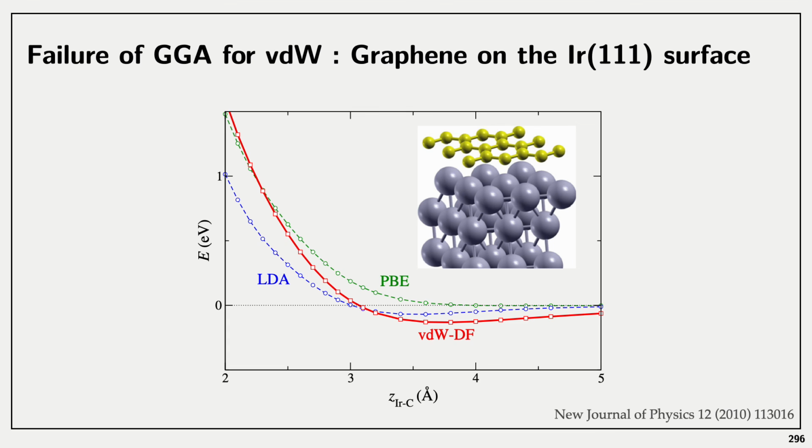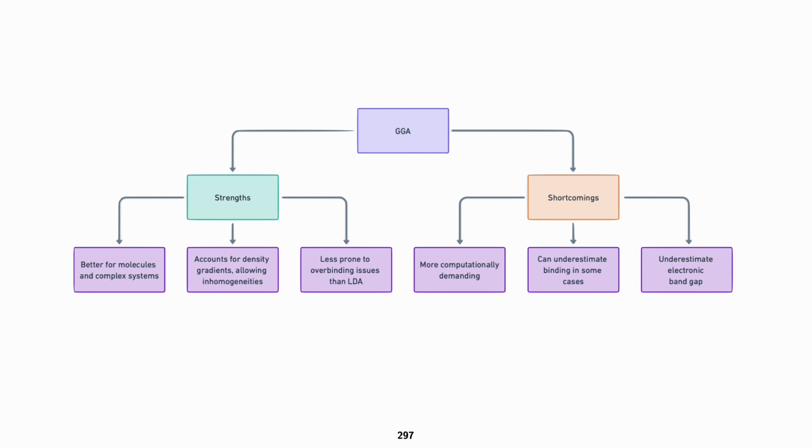I hope this screencast was useful to you to introduce you to GGA. Just to summarize, we have the strengths of GGA: improvement compared to LDA, certainly less overbinding, better energy barriers, pretty good for molecules actually, but still very good for solids. So that's really the best of both worlds. We still have the shortcomings.